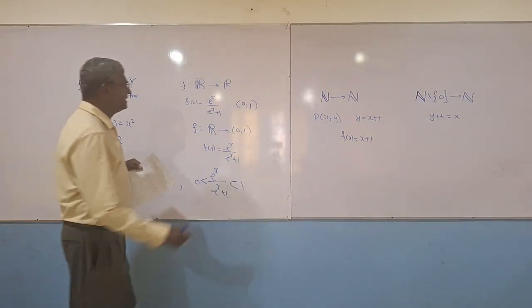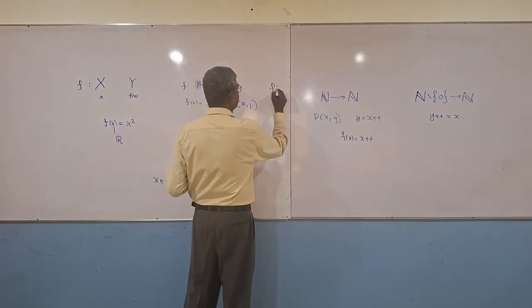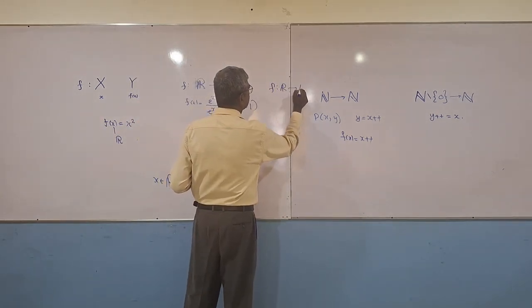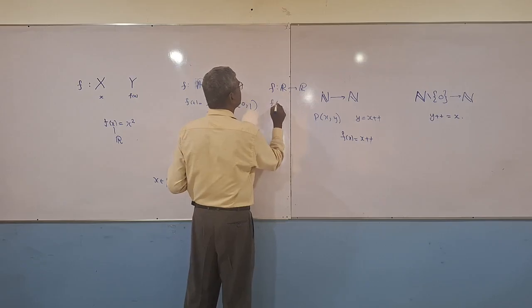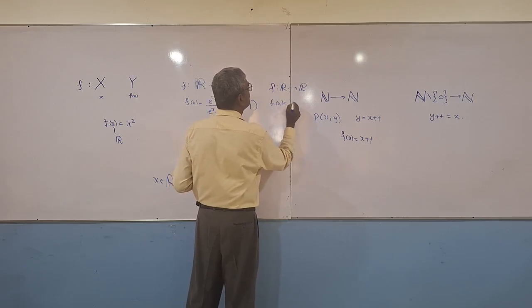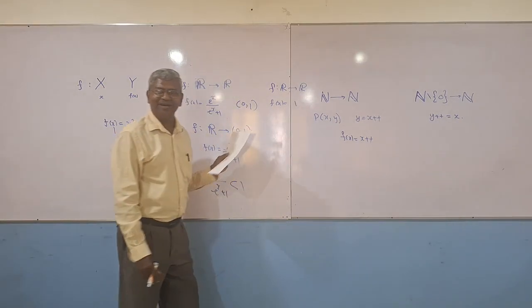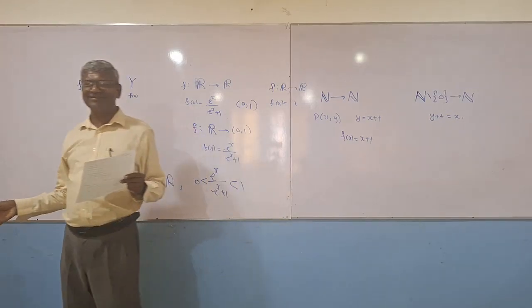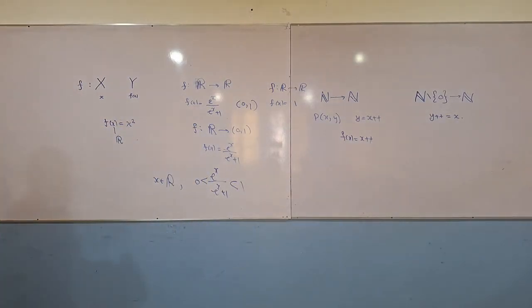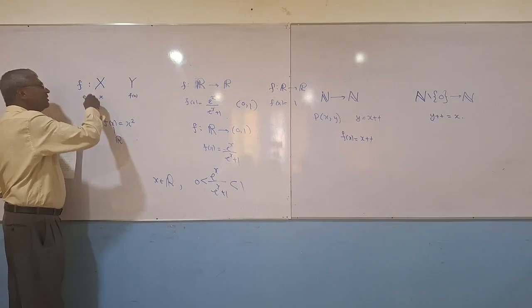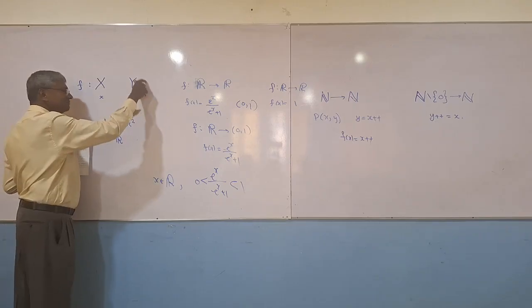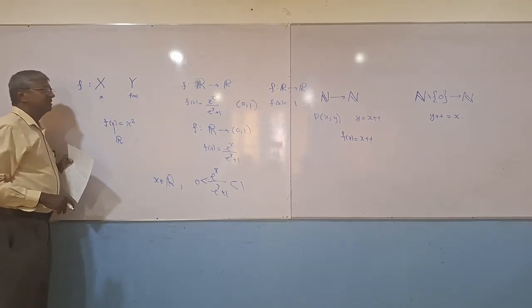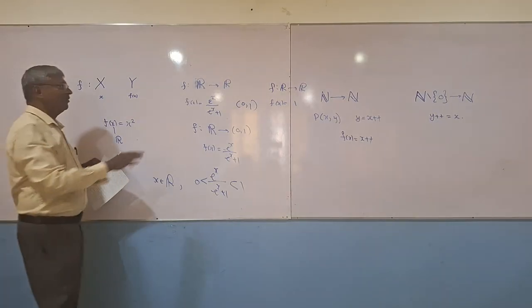And not only that, you can say f going from R to R. I just jumped, but I just want to explain that we need the whole set capital X, but we may not need capital Y here if you want.